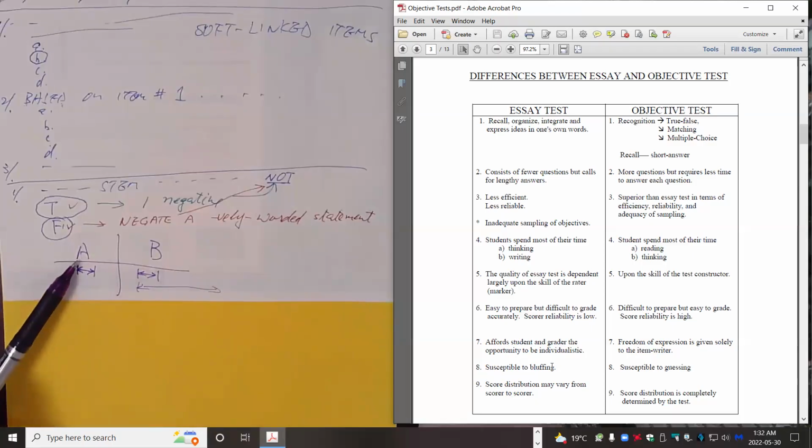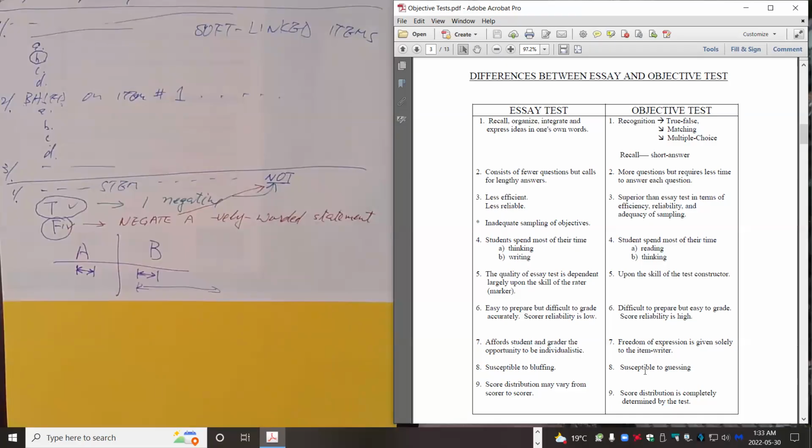This one may fail, this one may pass beautifully. So that is called bluffing. Bluffing is a serious matter. It negatively affects essays, so it is one of the major criticisms directed at essays.